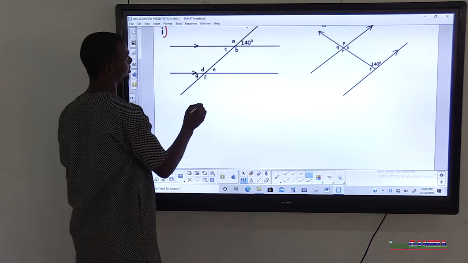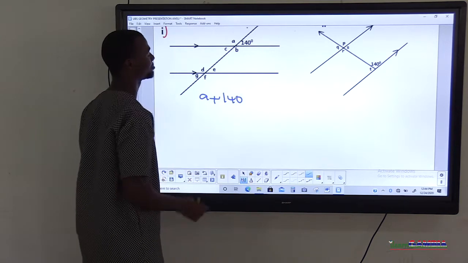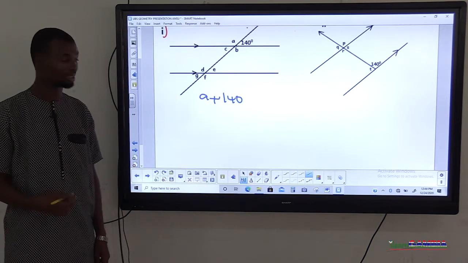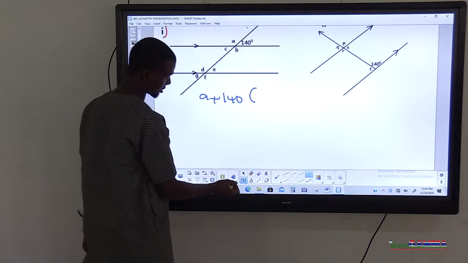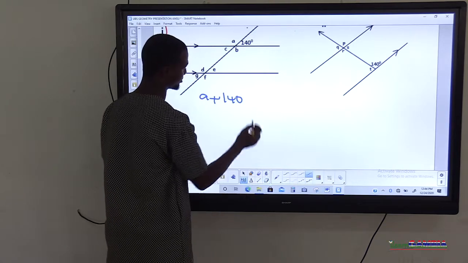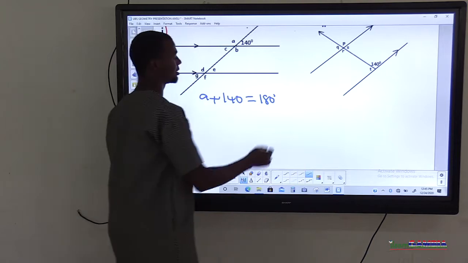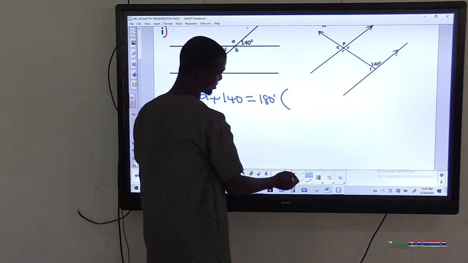A plus 140, because A and 140 are supplementary angles. We have to give that reason. This equals 180 degrees. Our reason is straight angles or supplementary angles.